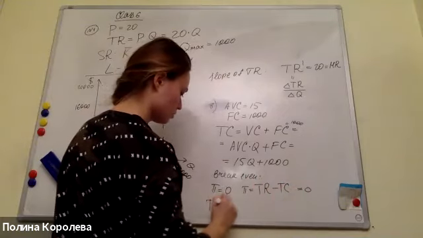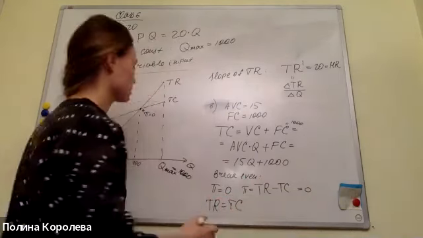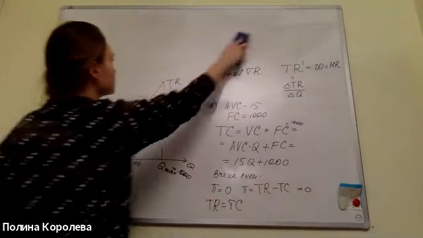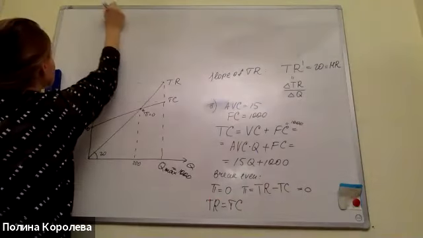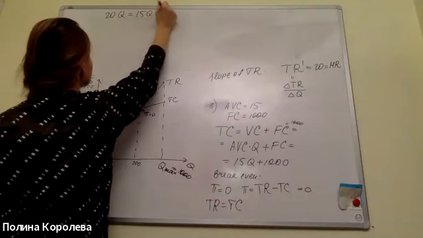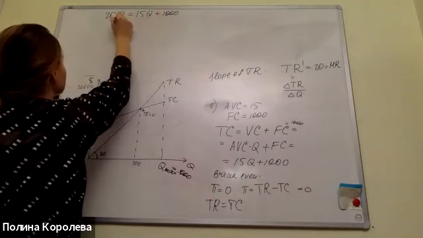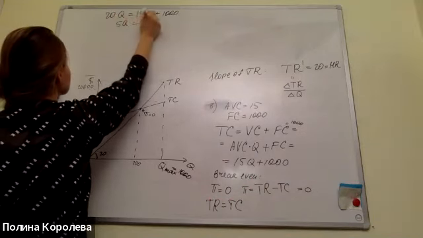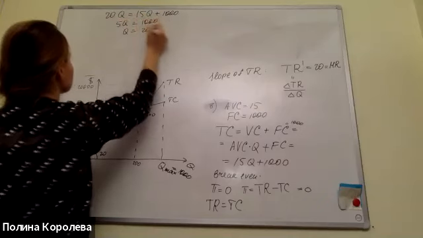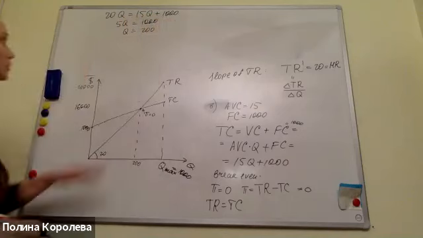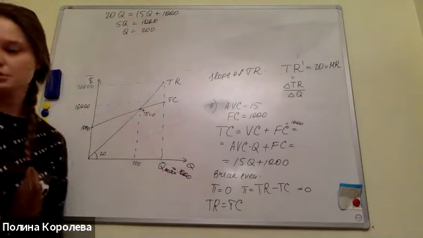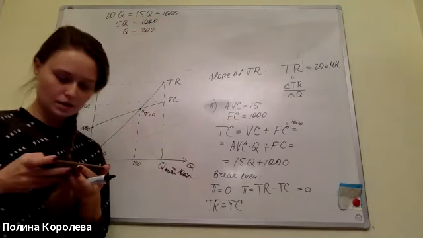So total revenue should be equal to total cost, and we equalize it. 20Q equals 15Q plus 1,000. 5Q equals 1,000. Q equals 200. So when we sell such quantity, profit equals zero.